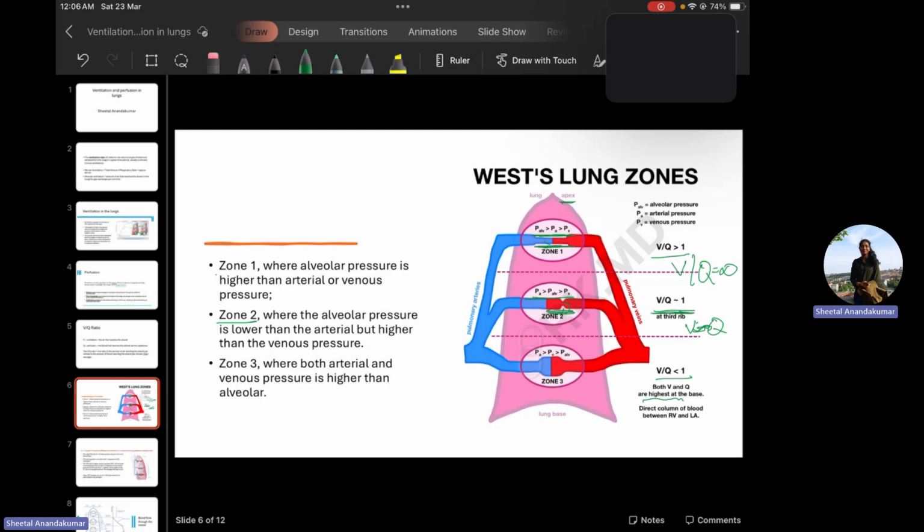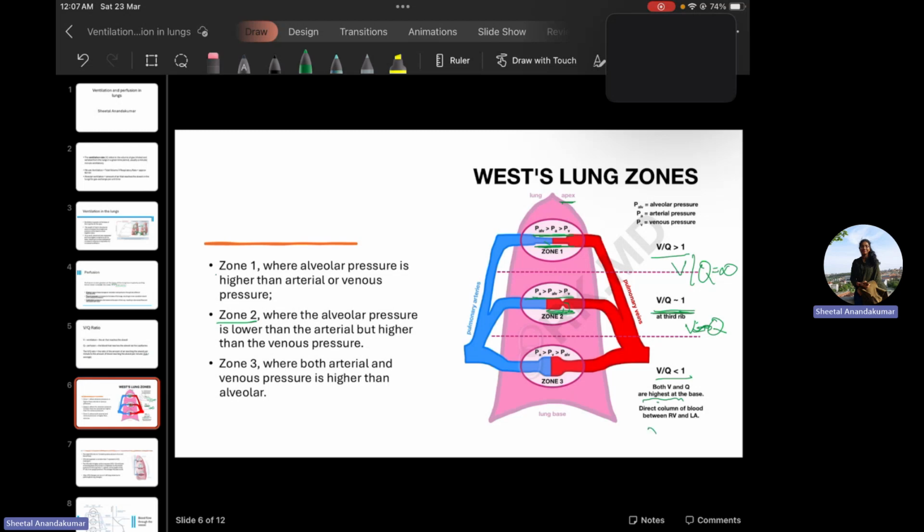We have to consider that both ventilation and perfusion are highest at the base, but when comparing the ventilation and perfusion values, the perfusion value is comparatively higher than that of the ventilation. Therefore the ratio here would be less than 1. That is nothing but increased perfusion in comparison to ventilation.